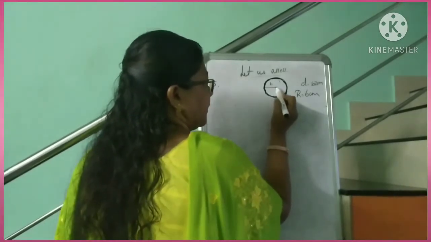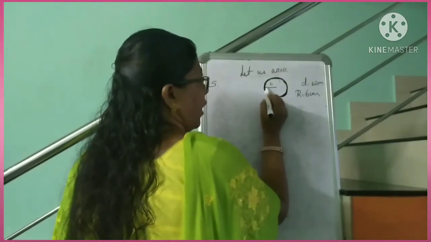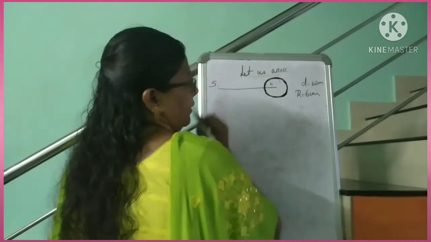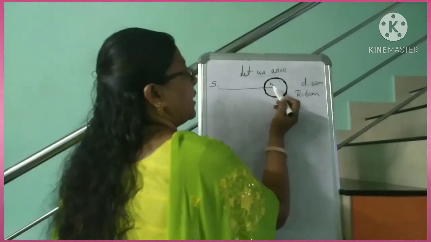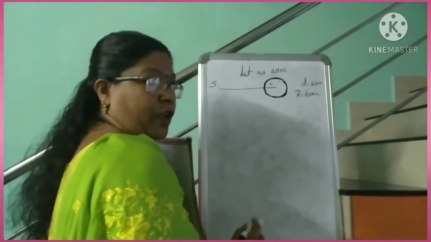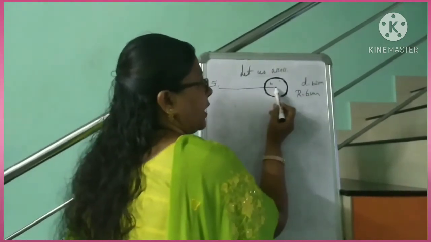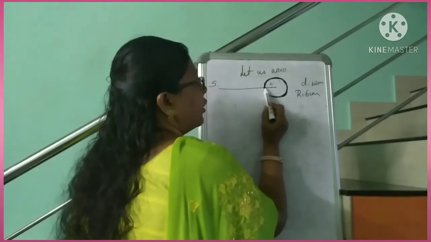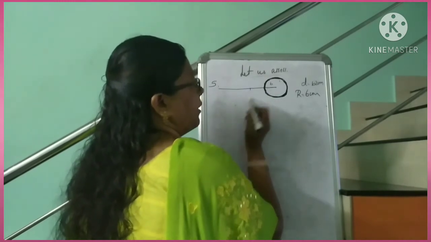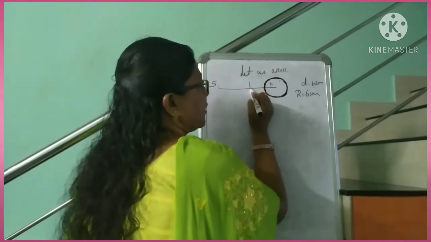So this is the center of the ball, and you can draw a principal axis like this. So an object is kept 12 centimeter away from the center. 12 centimeter away from the center means already there was 6 centimeter gone here. Now for the 12 centimeter to complete, you have only 6 centimeter outside. So an object is kept here.